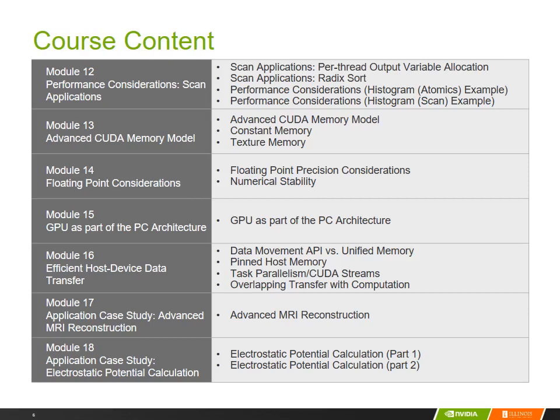For example, we can use a parallel scan or use atomic operation to accomplish the same histogramming computation. And Module 13 covers some advanced memory model considerations, especially the special memories such as constant memory and texture memory.